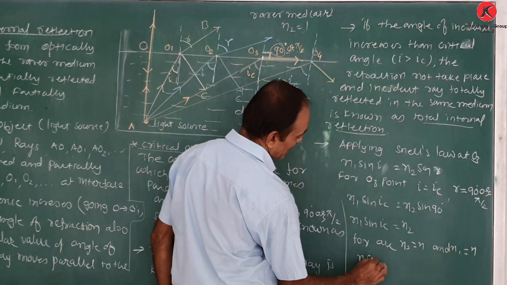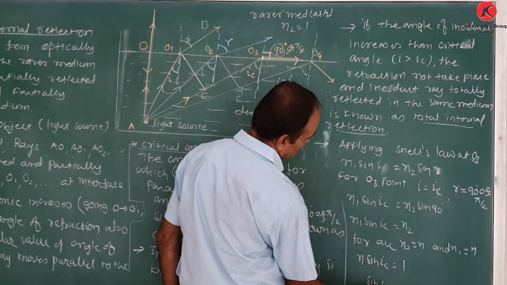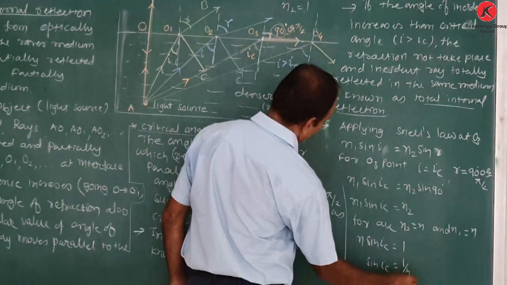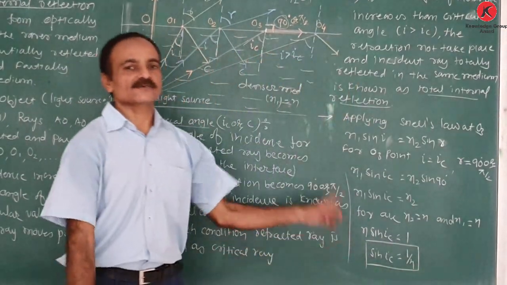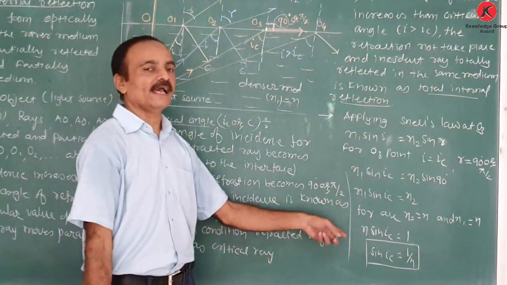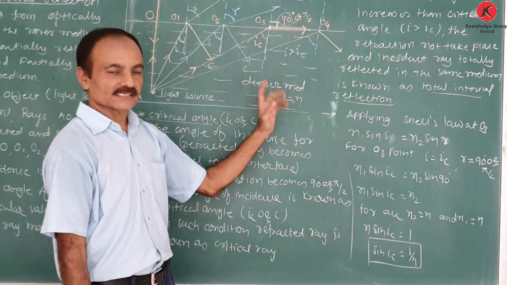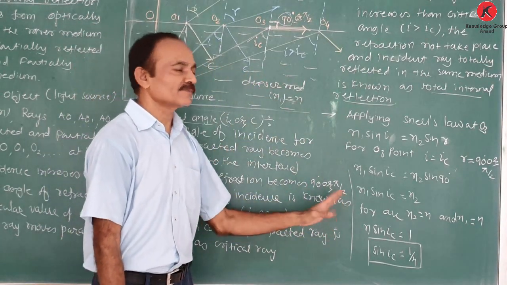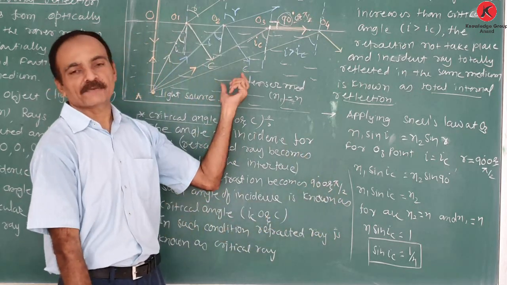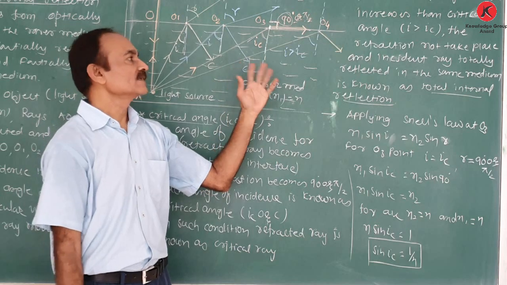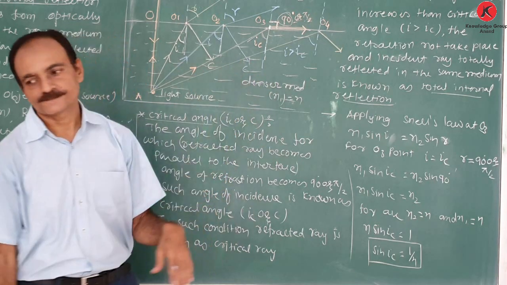Therefore, n sine IC is equal to 1. Therefore, sine IC is equal to 1 upon n. That is the important relation, the relation between the critical angle and the refractive index of the medium. Clear this? So that is the important equation for total internal reflection. Very easy, only keep in mind the figure so you can attempt this question yourself. Clear this thing? Okay.